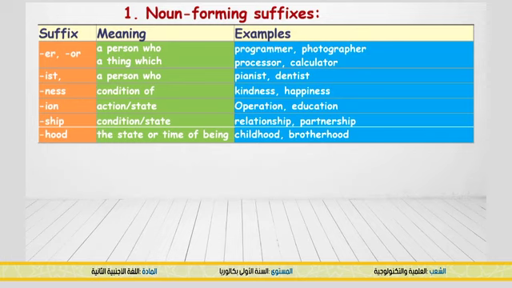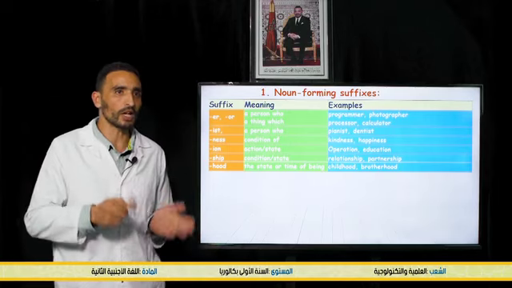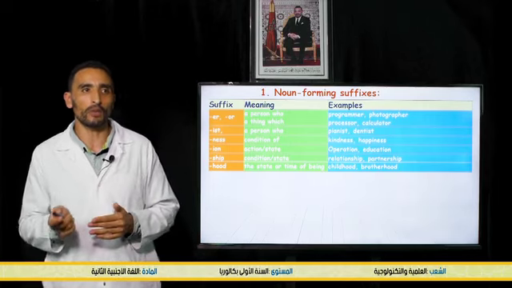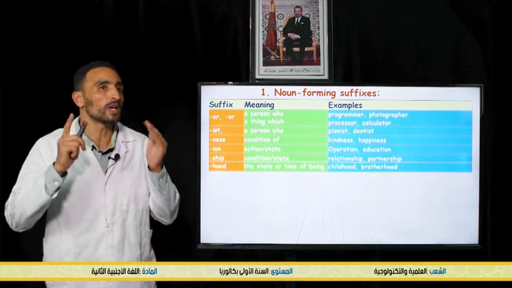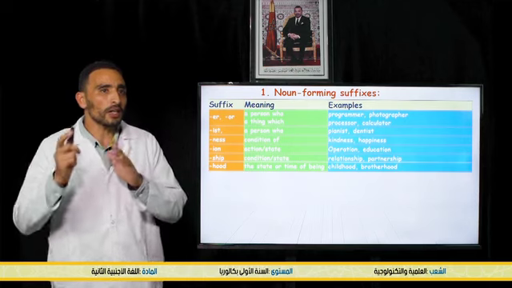Another suffix is ness. Ness means condition of. We have kind or kindness. Kind is the adjective and kindness is the noun. Notice here we are forming nouns. Kind, kindness.